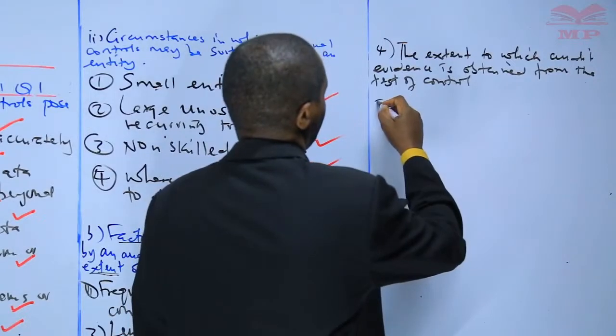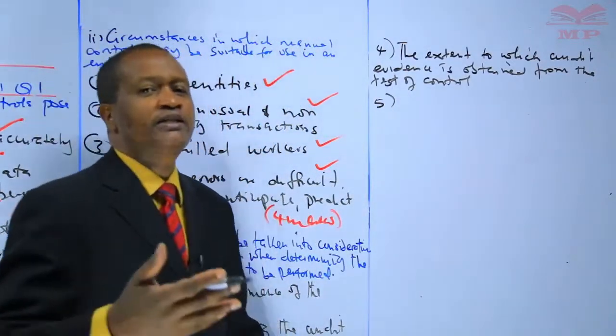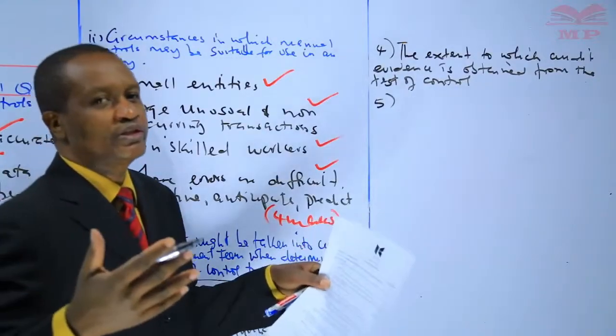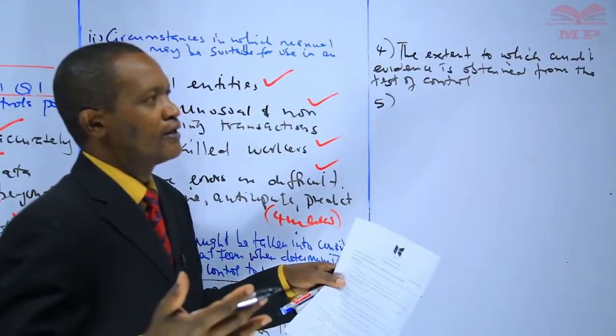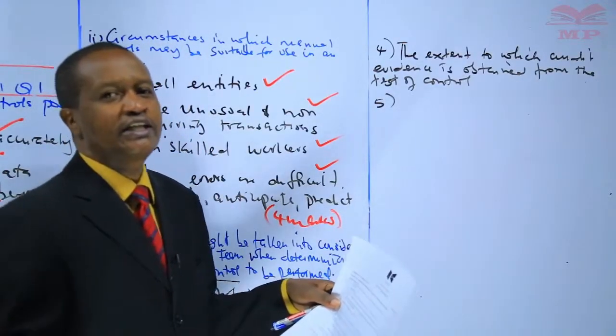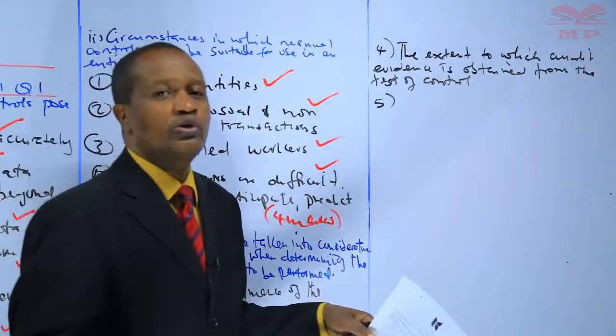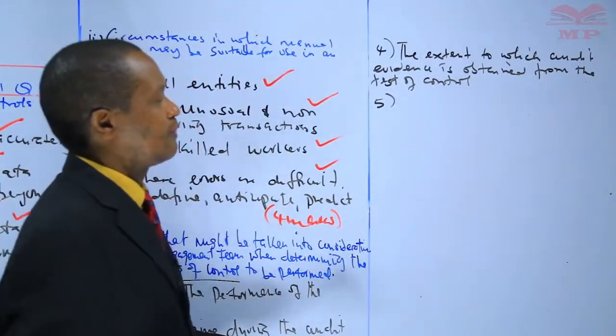Then number five, the fifth factor to consider is the extent to which the engagement team plans to rely on the operating effectiveness of the control in the assessment of risk.